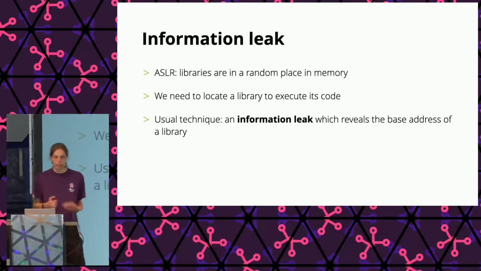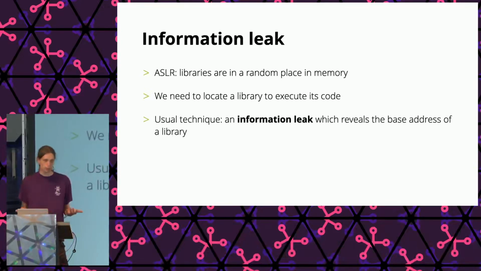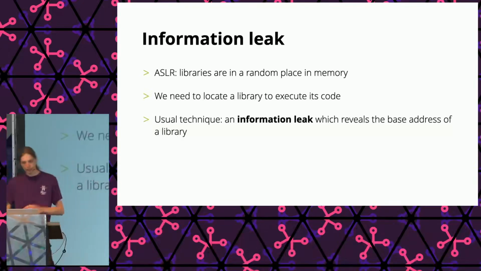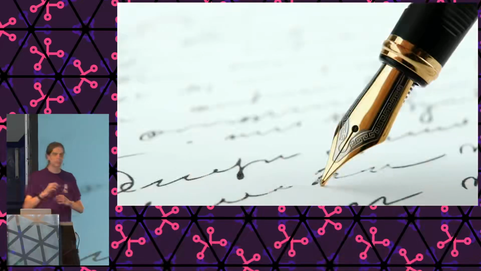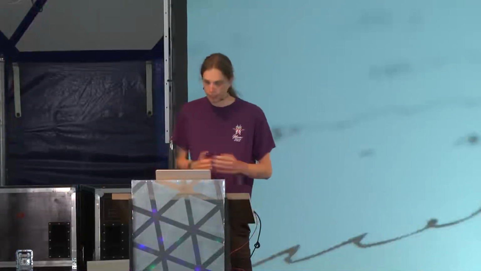So we needed some way to know where certain things are in memory, like certain libraries, to use the code from that library. But it was randomized, so we needed to find some way to leak that information back to us. This was quite a challenge because the buffer overflow we had can write to memory, and we somehow had to turn something that can write into something that can read, like trying to read a book using a pen.